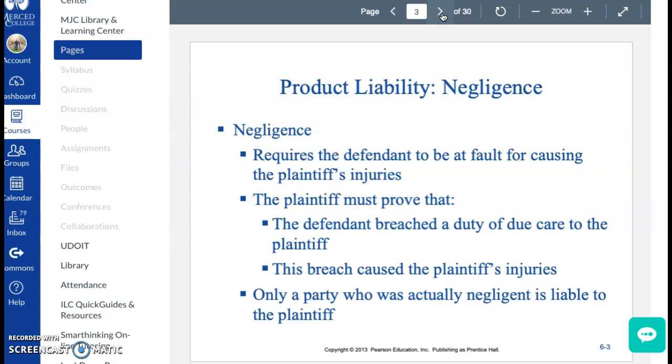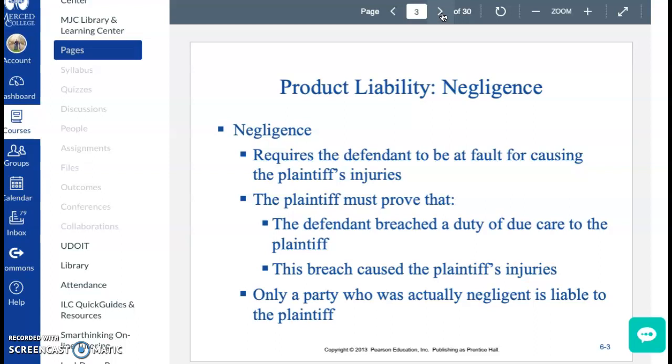Negligence. Negligence requires the defendant to be at fault for causing the plaintiff's injuries. They must prove that the defendant had a duty to act with reasonable care towards the plaintiff, that duty was breached, causing injury, actual and proximate, and that the injury was an actual injury.